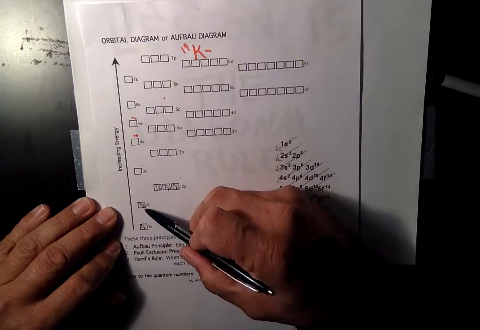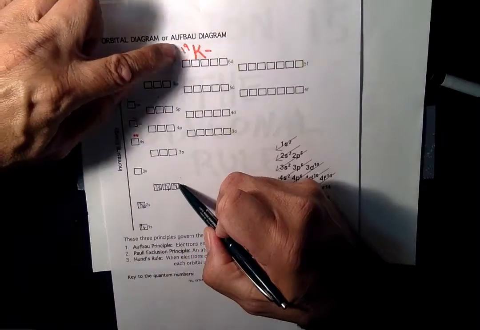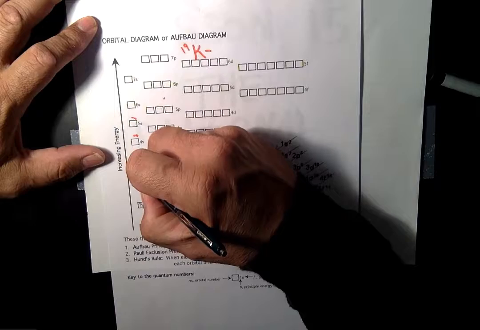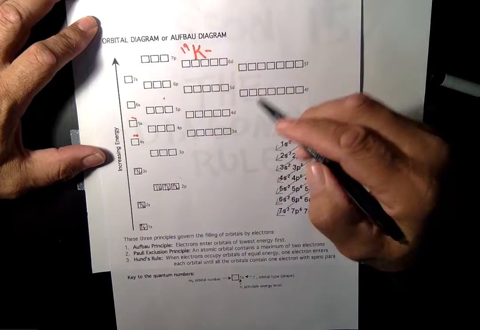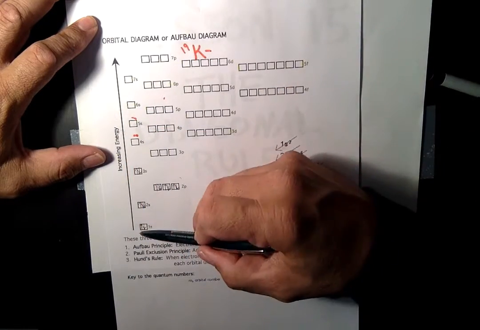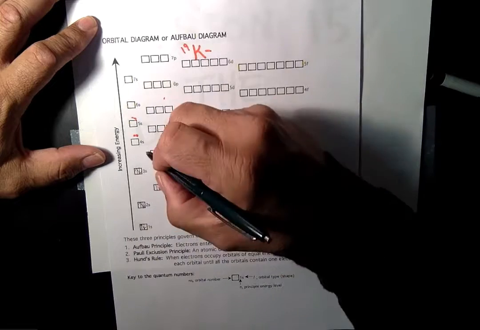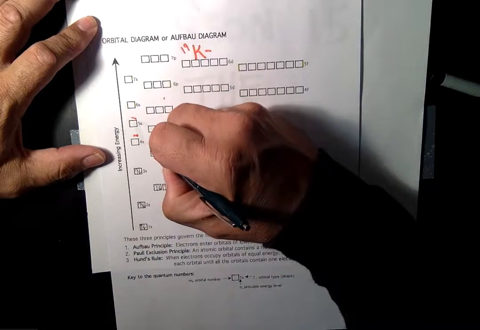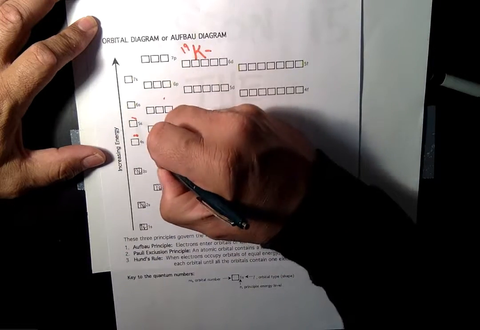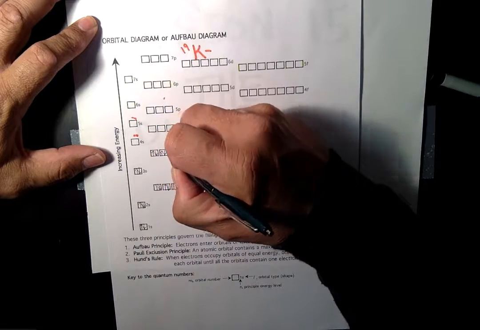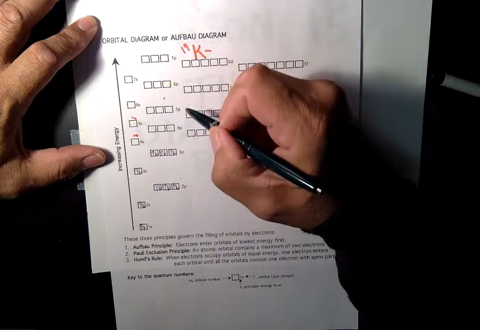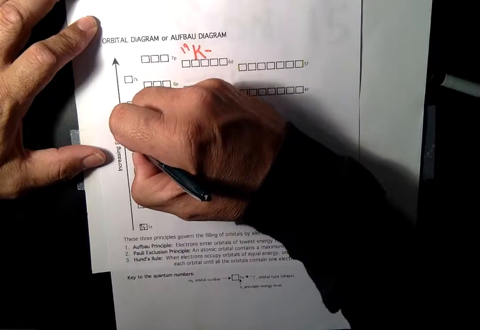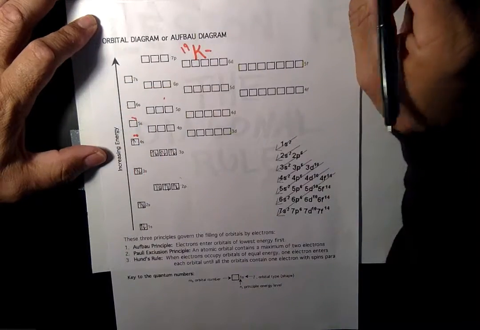So now I have 2, 4, 6, 8, 10. I need 9 more. So in the 3s, I'm going to put one up and one down. Remember, these are electrons. 2, 4, 6, 8, 10, 12, 13, 14, 15, 16, 17, 18, and I need one more, so I'll put it right here on the 4s.